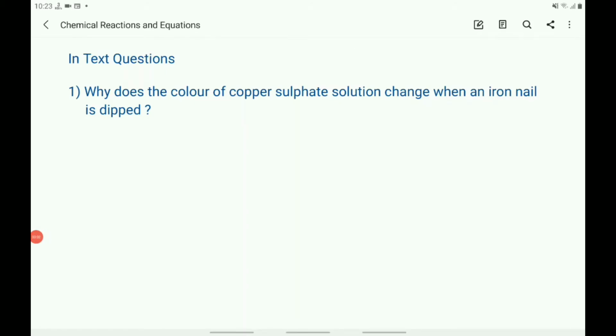Now you write the answer for the question, why does the color of copper sulfate solution change when an iron nail is dipped in it? So you write the answer here.